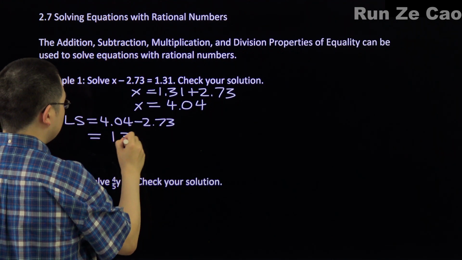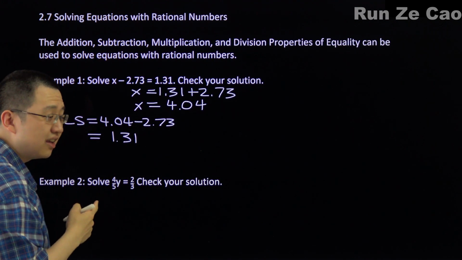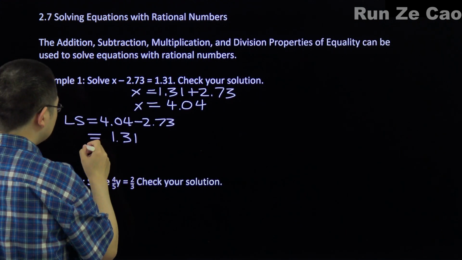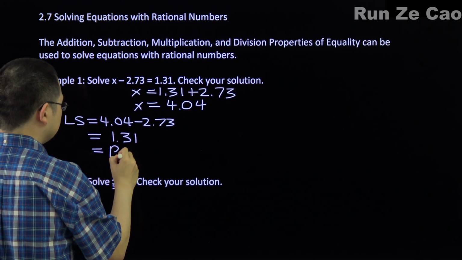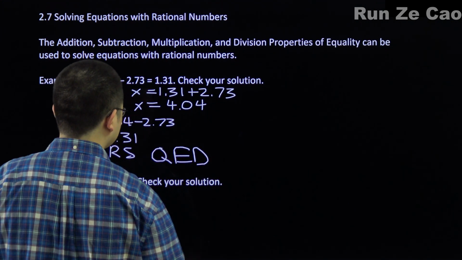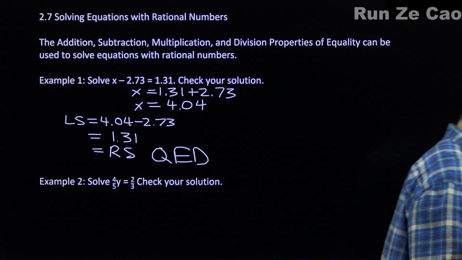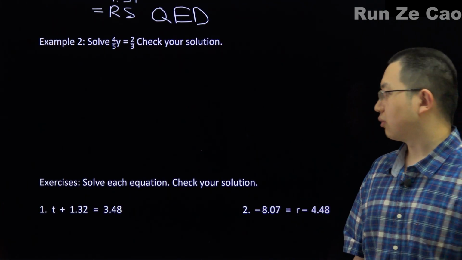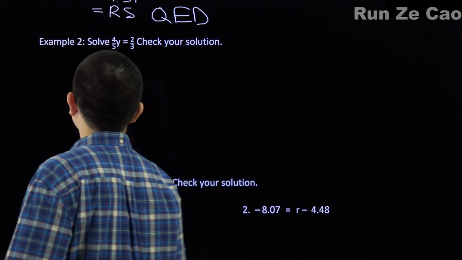However, for a subtraction like this, no, you don't need it. So it's equal to right side, therefore QED. There, the answer has been checked. Well, I mean, technically it means what's asked has been proven.